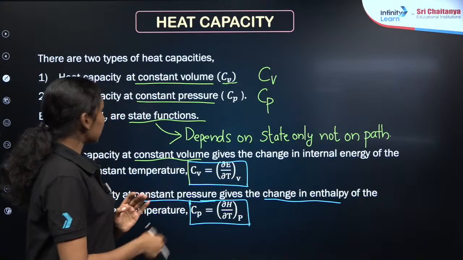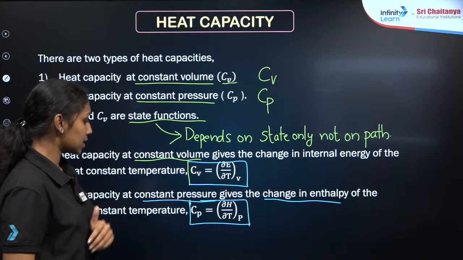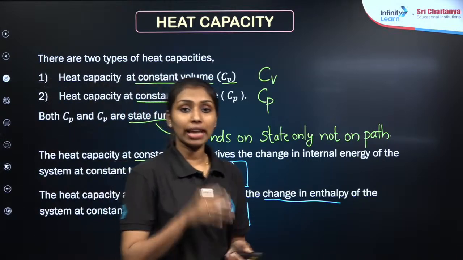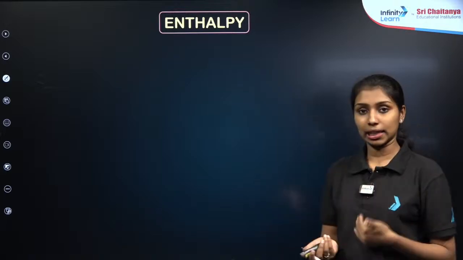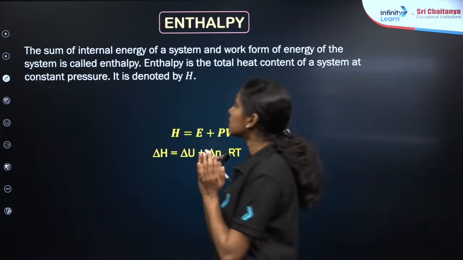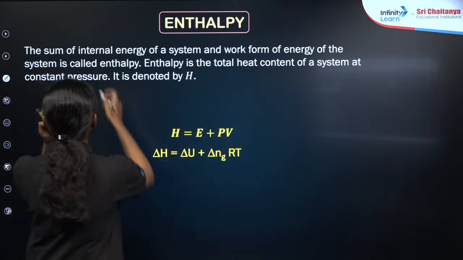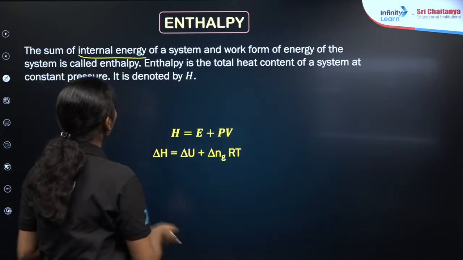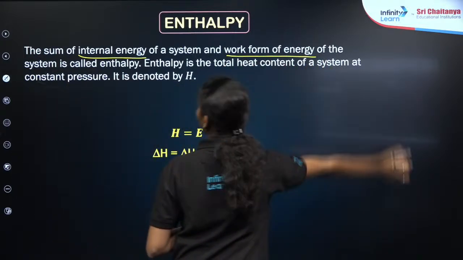Now, the next relation you have to derive from Cp and Cv is Mayer's relation. Before that, you should have an idea about what you mean by enthalpy, right? Something related to energy. Enthalpy can be derived as the sum of the internal energy of a system and the work form of energy of the system.